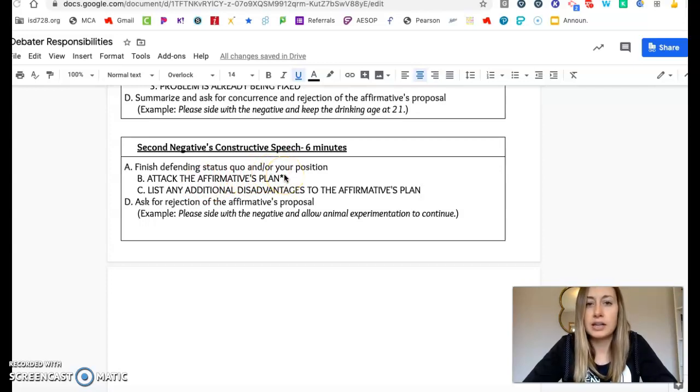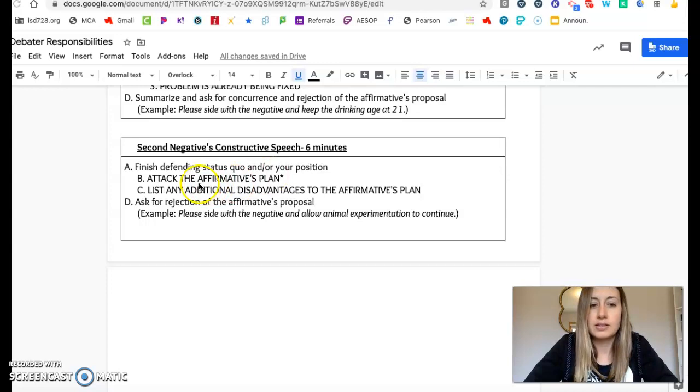Whatever they've come up with, you need to dig into their plan and pull out all the bad things about it. You need to say, oh my gosh, the first affirmative said this, and there's no way that'll work. Or the second affirmative said this is going to be part of their plan, but that's way too expensive. It's never going to be able to be funded. Whatever it is, you need to dissect their plan and say this is why it is wrong.